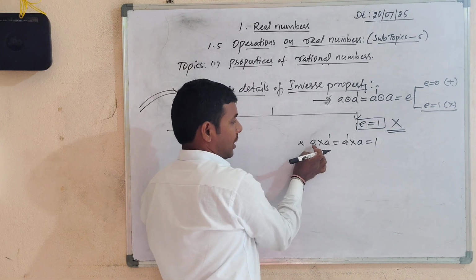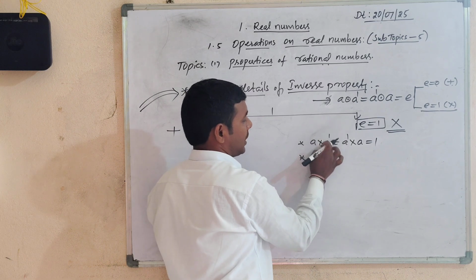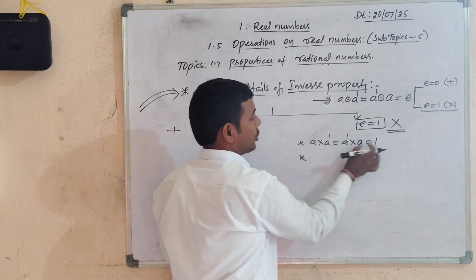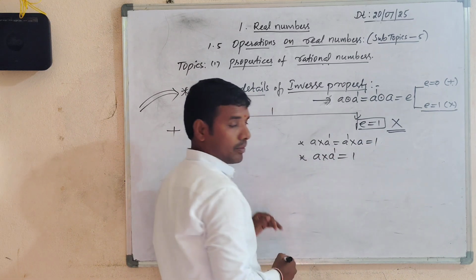To satisfy this, the product of two numbers should be 1. Once again, A is one rational number, A complement is another rational number. Their product should be 1, nothing but A into A complement is equal to 1.